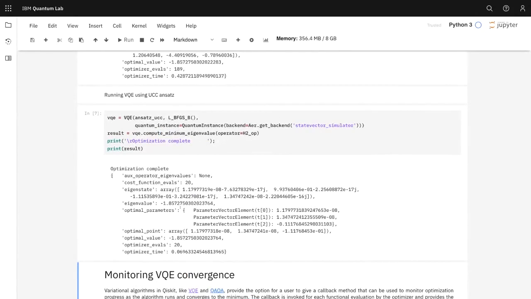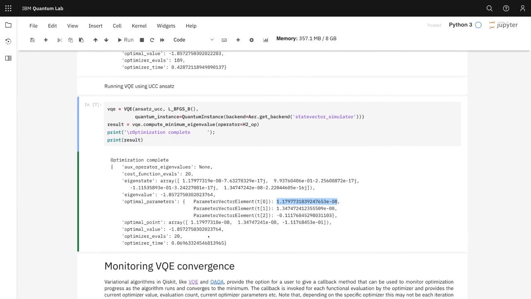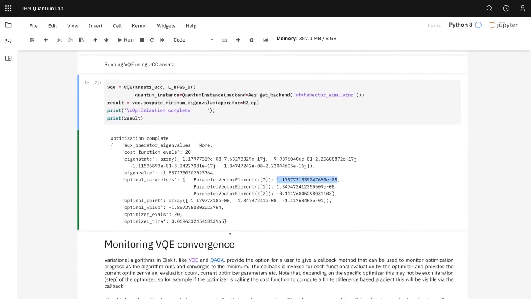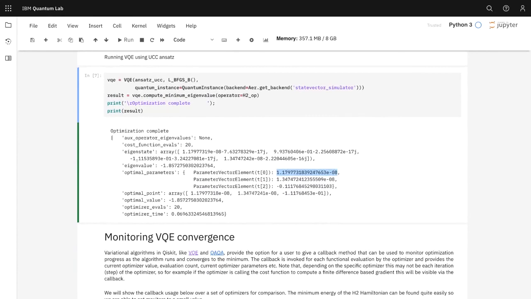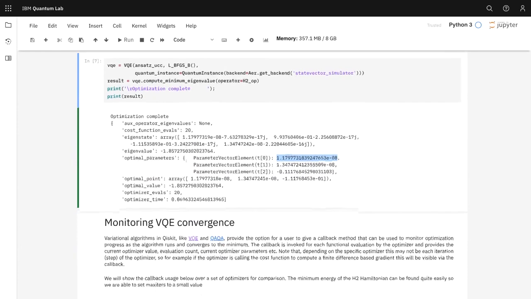And you can see we converge here with 20 iterations, and we optimized 3 parameters, and we got the energy that we're going to compare to the exact value later. So up to here, you can see that the UCC Ansatz converges much faster.